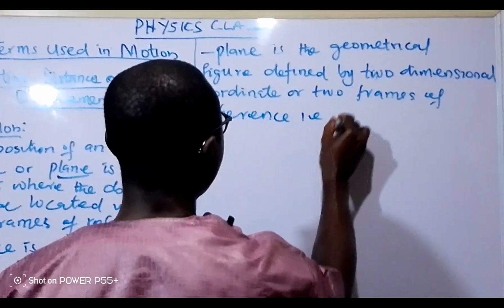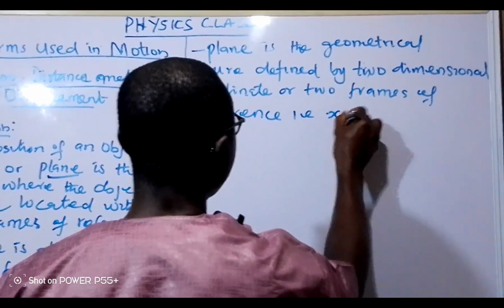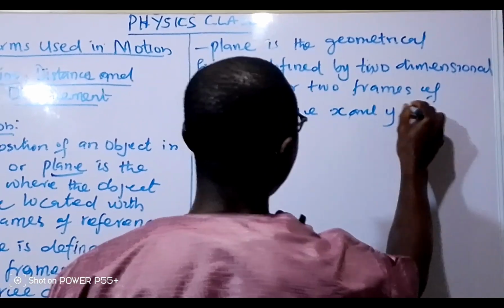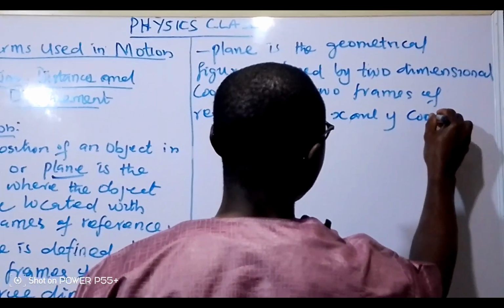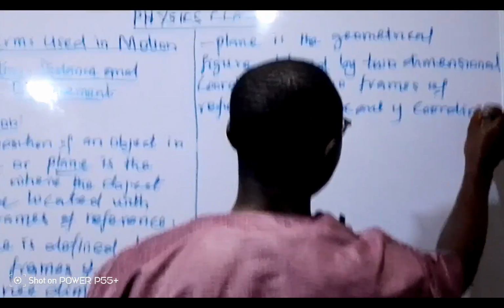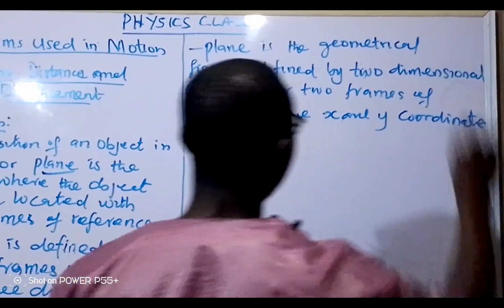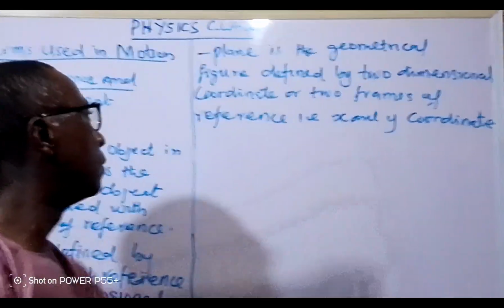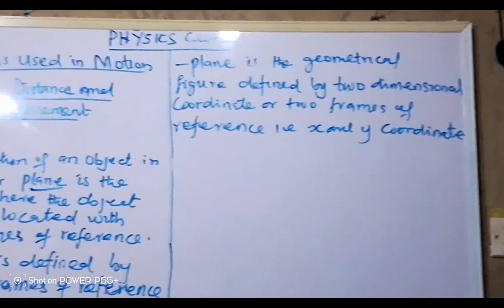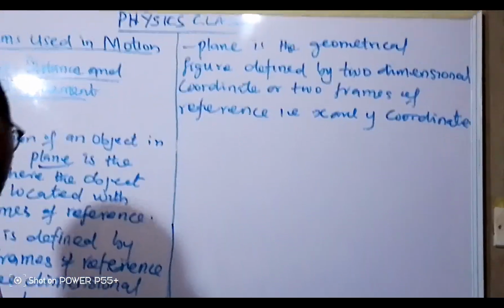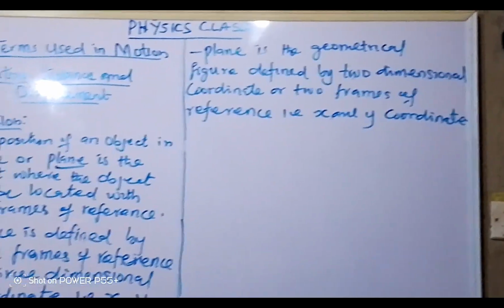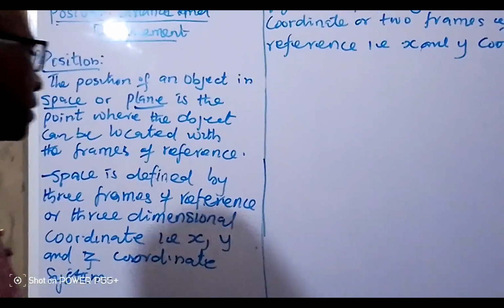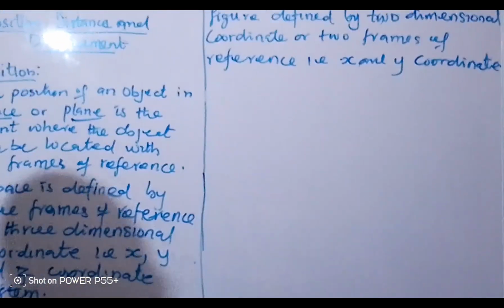That is X and Y coordinate. That's plane. Plane involves 2-dimensional coordinate, that is X and Y coordinate, and space involves 3-dimensional coordinate, that is X, Y, and Z coordinate.